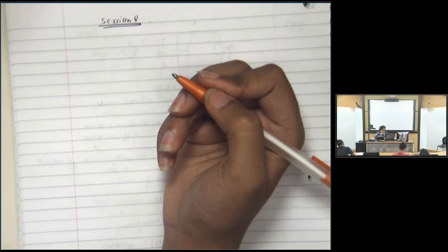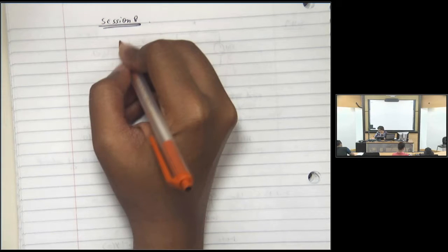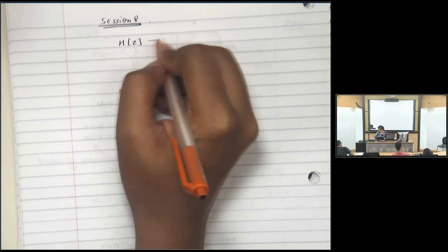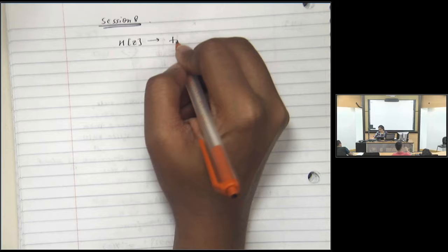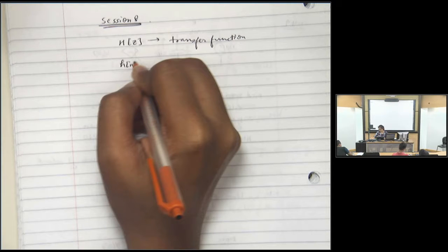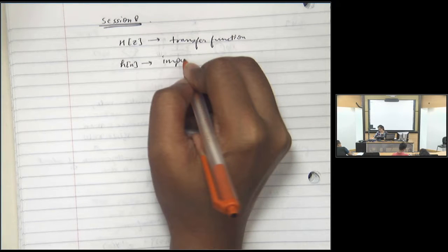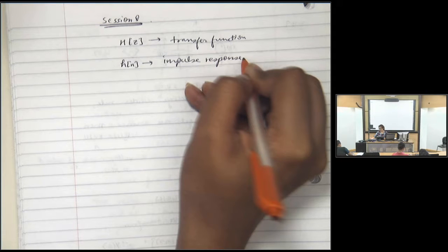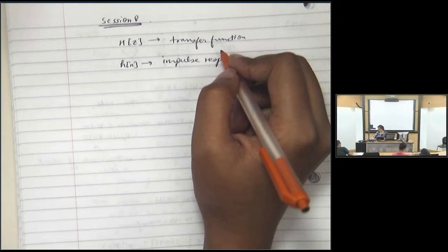First things first, I'll just clear out some terminology. So when we say H of z, what are we referring to? We are referring to the transfer function. And when we say h of n, then it's the impulse response or your system response. So how are h of n and H of z related?